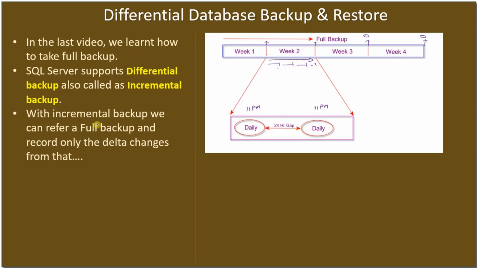So with the incremental backup, we can refer to a full backup and record only the delta changes from that, right? Now, incremental backups are faster. Why? Because it's recording only the delta changes, so it will be faster when you take the backup.